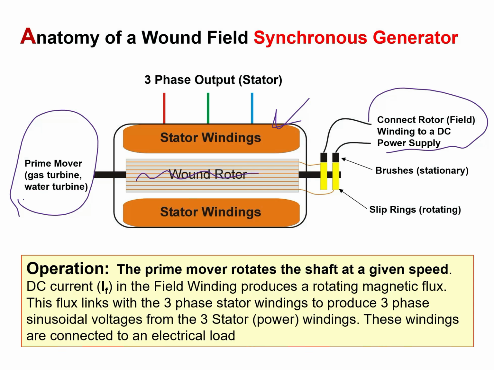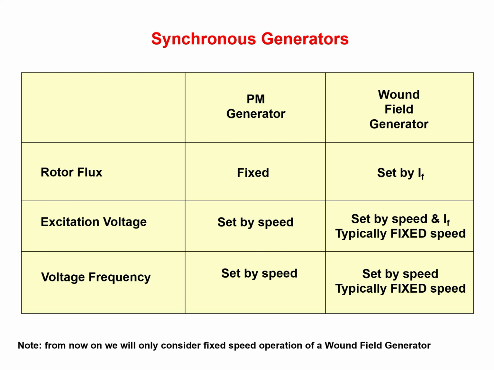Three-phase stator windings. Let us take a look now at some differences between the PM generator and the wound field generator. Let's consider first the rotor flux. In the case of a PM generator, this is fixed. But in the case of the wound field generator, this is defined by the DC current. The excitation voltage is set by the speed of the rotor.